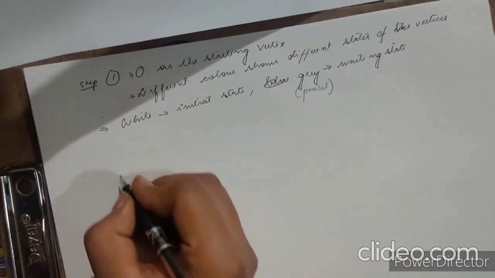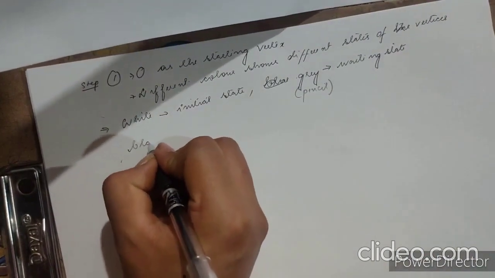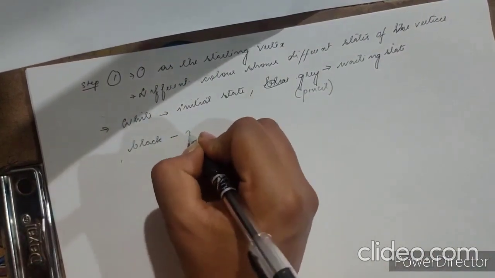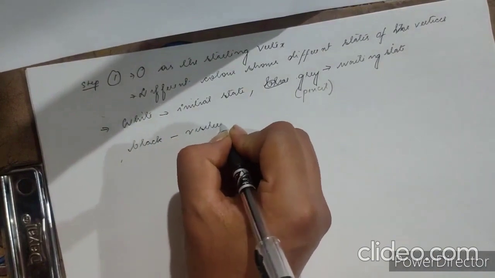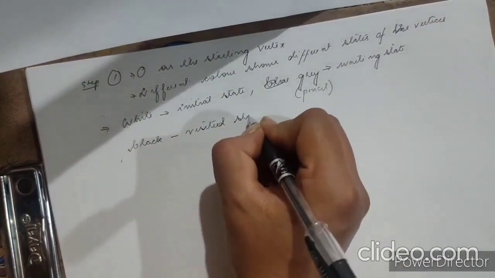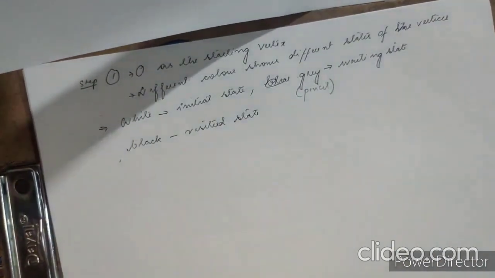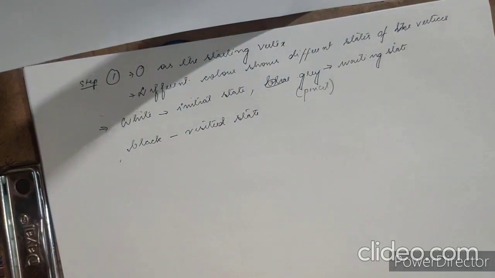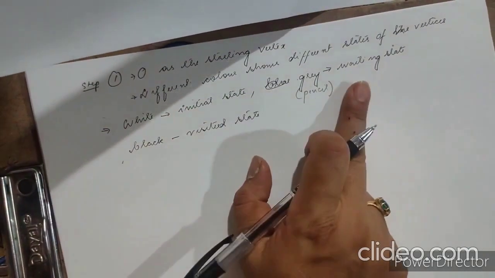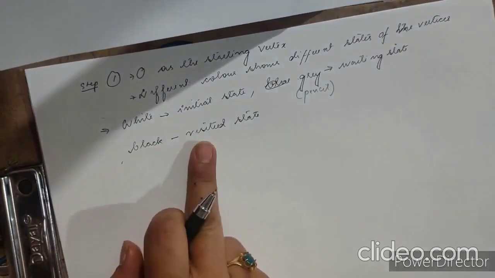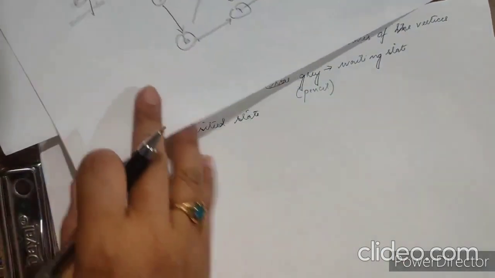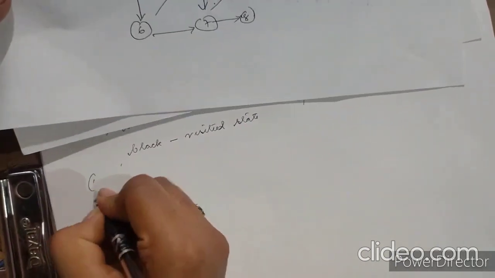And then black indicates the visited state. So we are going to use three different colors. One is white, which indicates the initial state, gray is going to denote the waiting state, and black will denote the visited state.